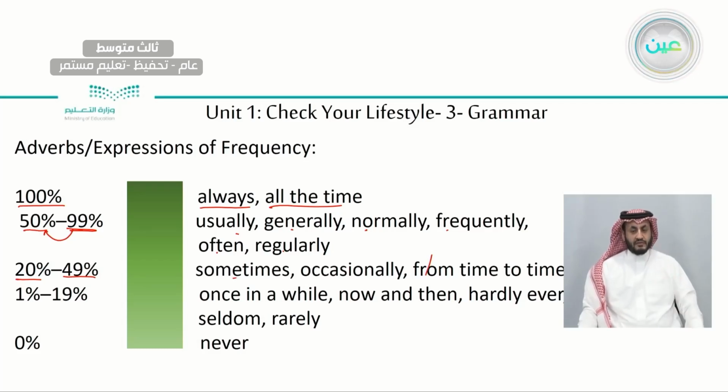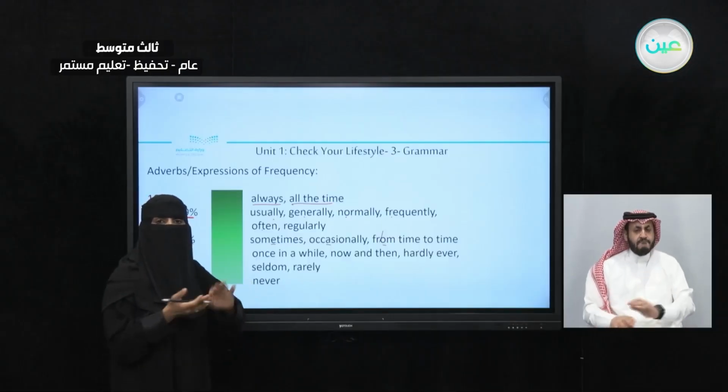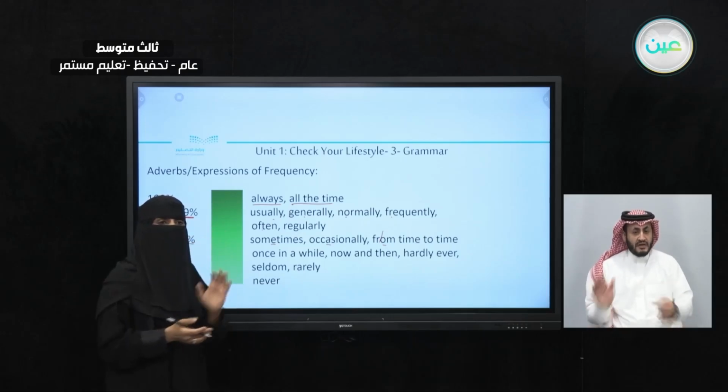You use sometimes, occasionally, from time to time, once in a while, now and then, hardly ever, seldom, or rarely. Okay? What if there is something you never do? Something you didn't do. You do it 0% of the time.